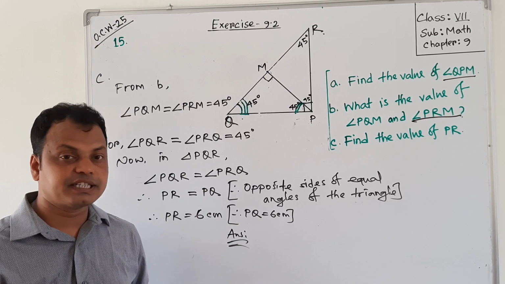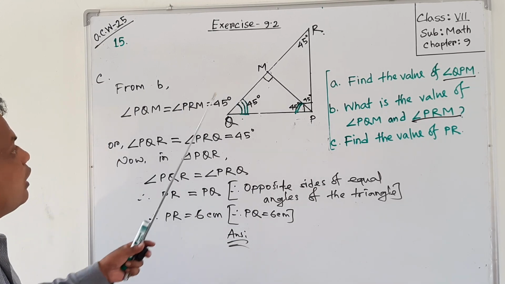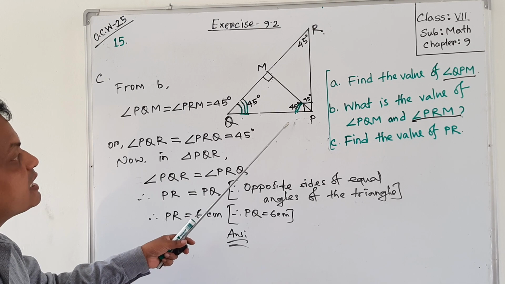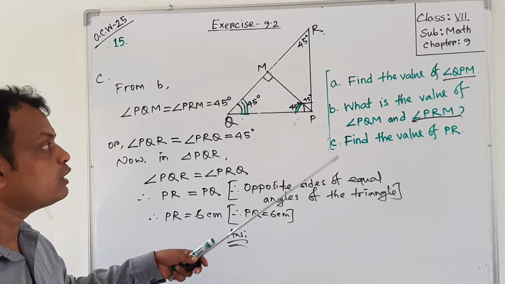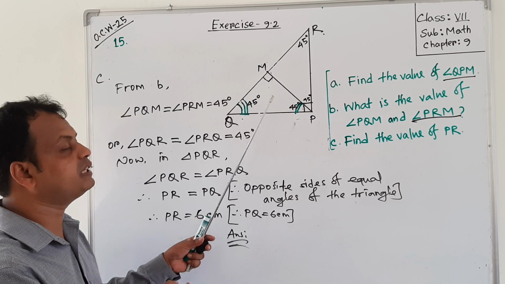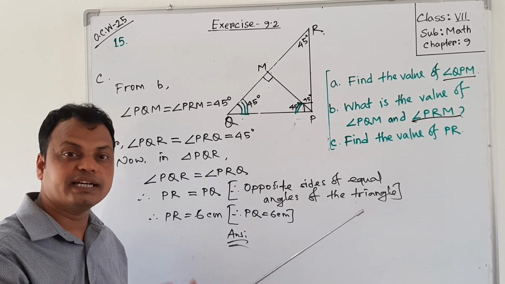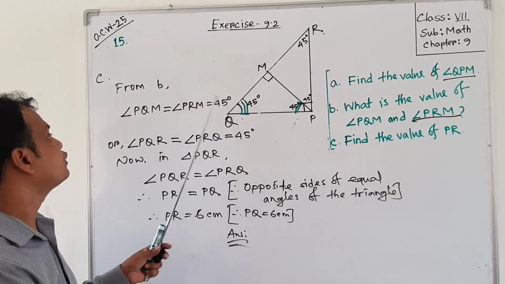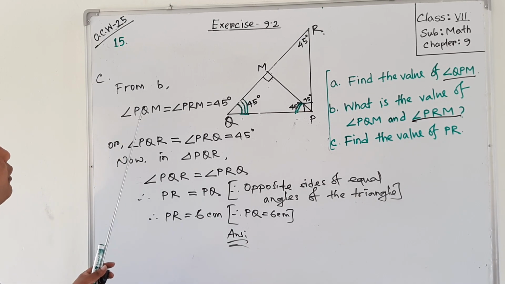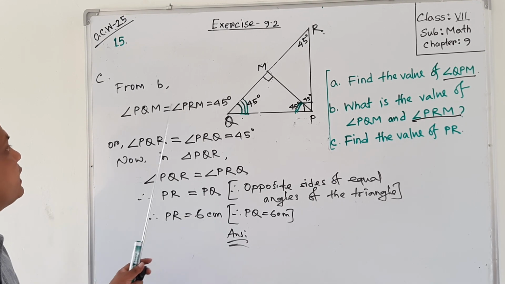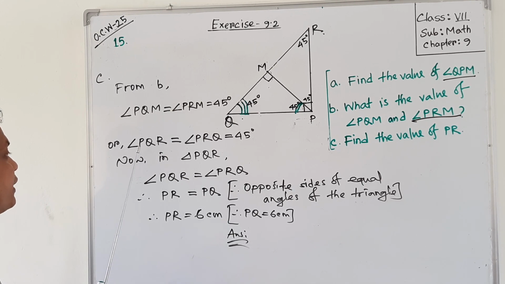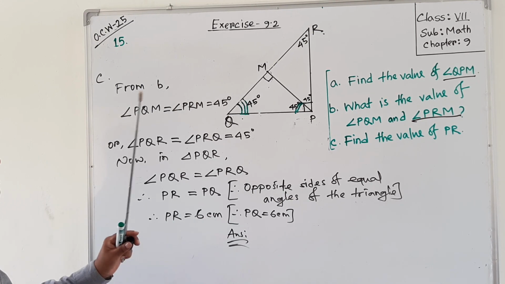I want to repeat the answer to question C. From B, there is no need to draw the figure in C, as this figure is the same as in A. If we want to add any information to the figure, then we need to draw it again, but as it's the same in A, B and C, there is no need. So we'll write C. From B we got this information: angle PQM equals angle PRM equals 45 degrees. PQM we can write as angle PQR, and PRM as angle PRQ, equals 45 degrees.